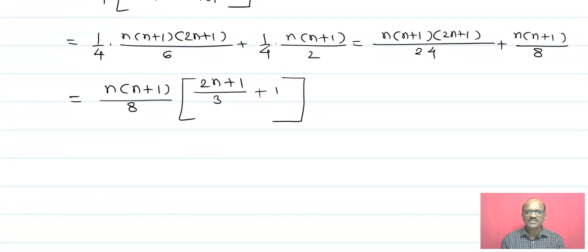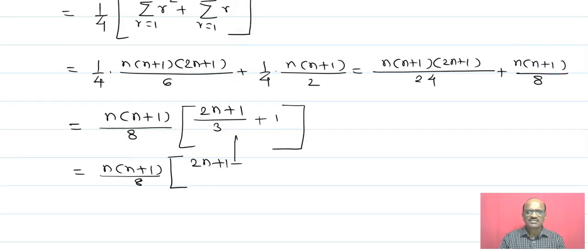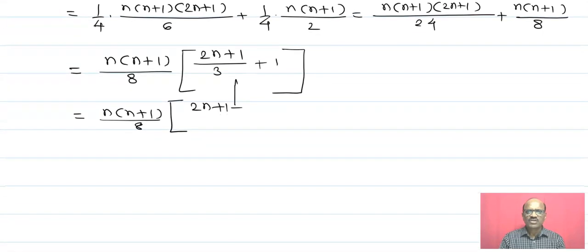Now simplify this, n into n plus 1 upon 8 into 2n plus 1 plus 3 upon 3. Therefore n into n plus 1 upon 8.